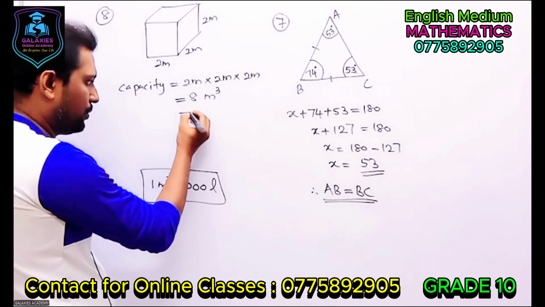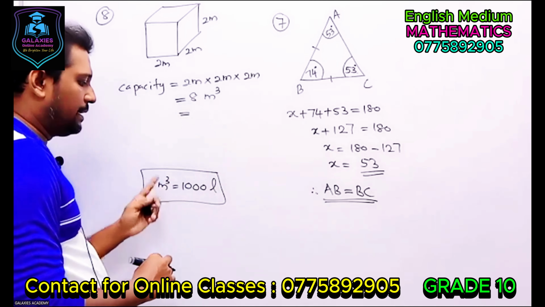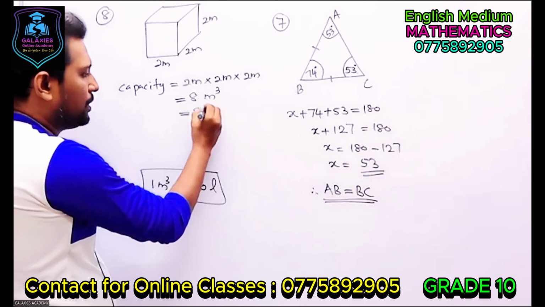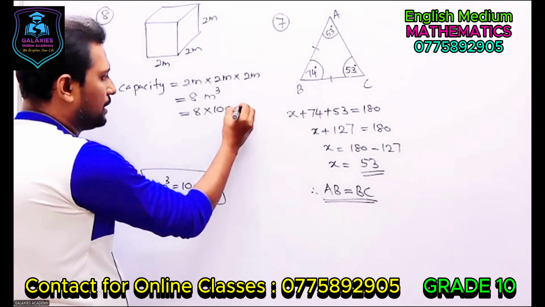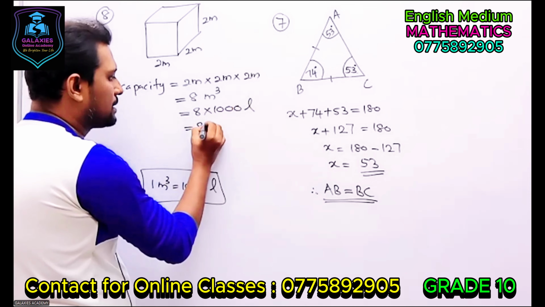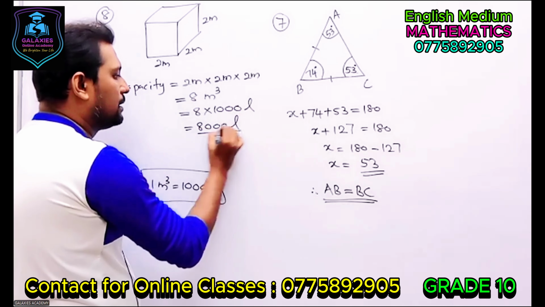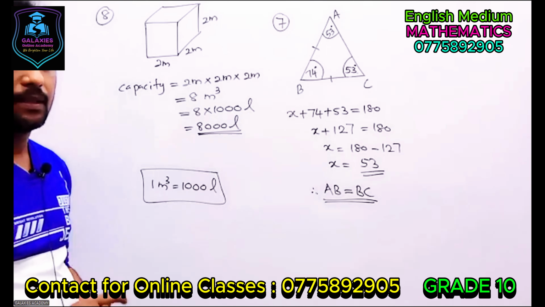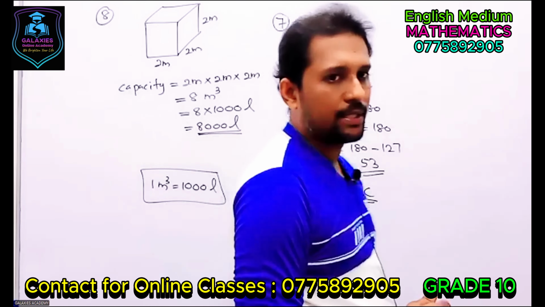What do you have to do? If 1 cubic meter is equal to 1000 liters, 8 cubic meters equal 8 multiplied by 1000 liters. So what is the answer? 8000 liters. It is the 8th question answer.